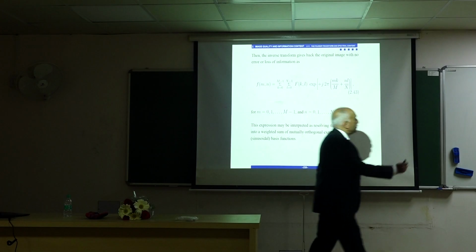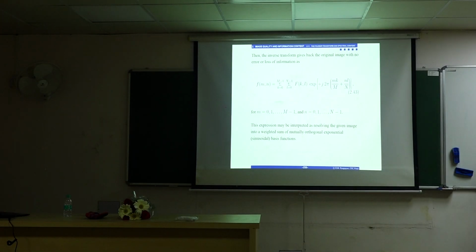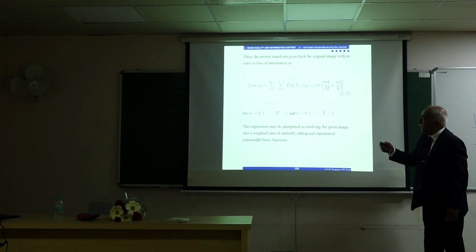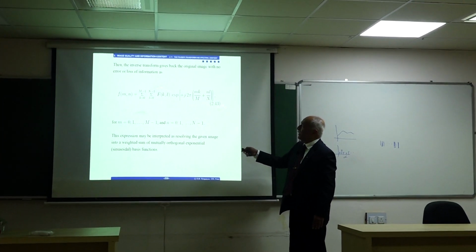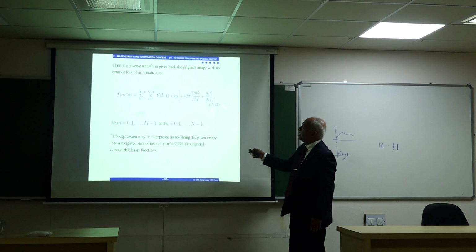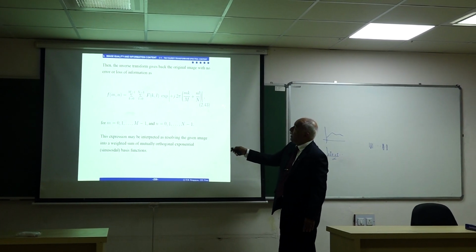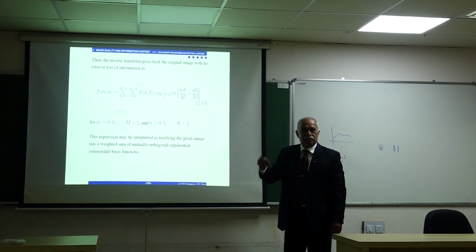Like here we said, we are resolving a continuous signal in terms of a weighted combination of delta functions. Now, the image f(m,n) is given by a weighted combination of sinusoids, these sinusoids in 2D, with F(k,l) as the weights.